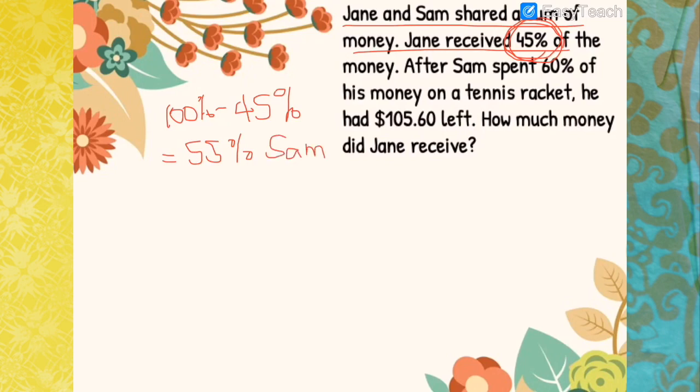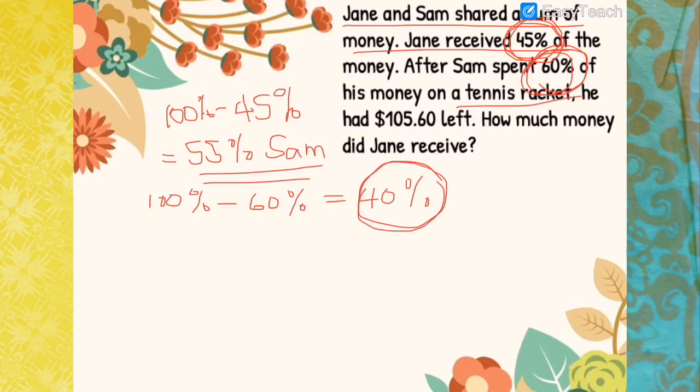Now, since Sam spent 60% of his money, which is 55% of the whole share, on a tennis racket, we have 100% of Sam's money minus 60%, which is the racket, would be 40%.